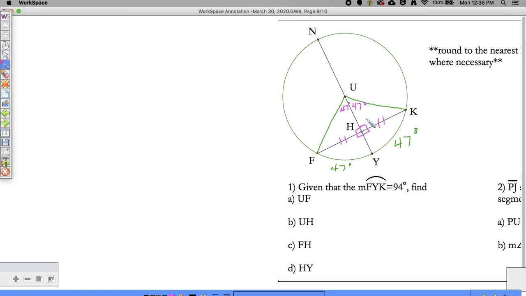And if I take 94 and subtract that from 360, I'm going to have 264, which is the measure of arc FNK. So this whole arc is going to be 264, but each one of them is going to be 132 degrees, and so forth. So things are starting to get interesting.